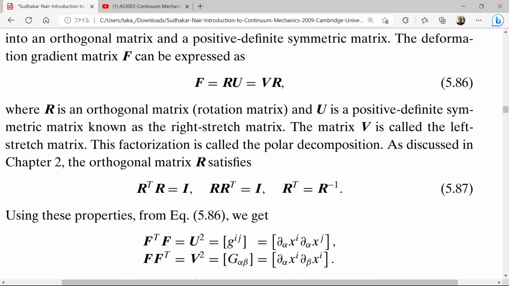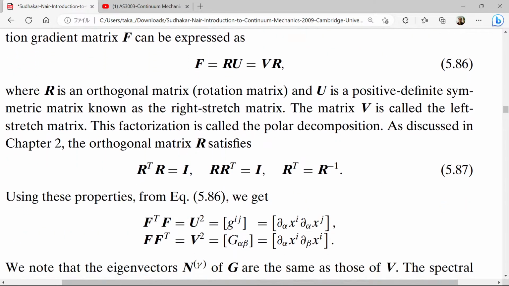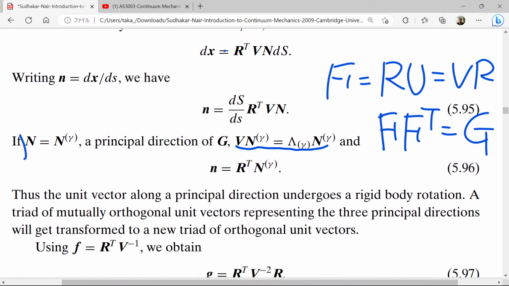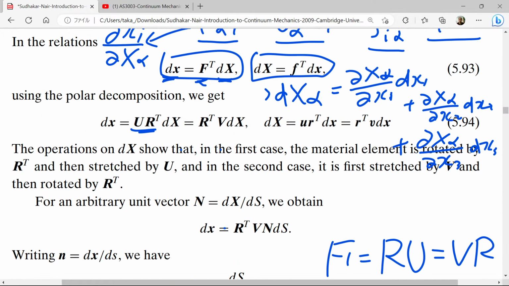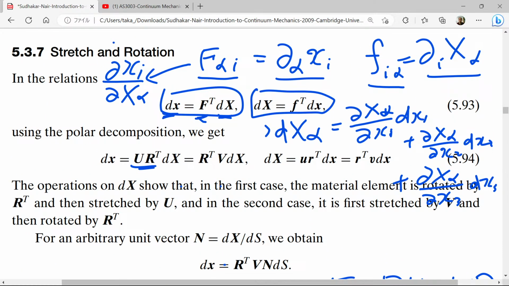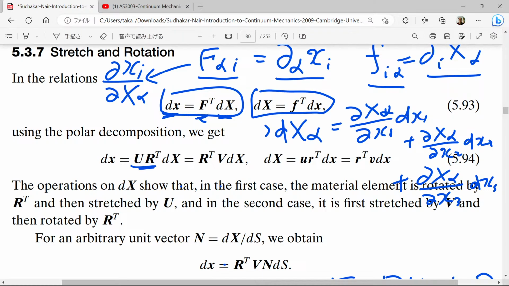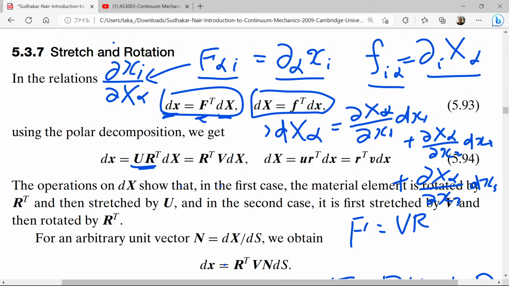So F is like this. F is VR. F equal VR or RU, and F transpose equal U R transpose.